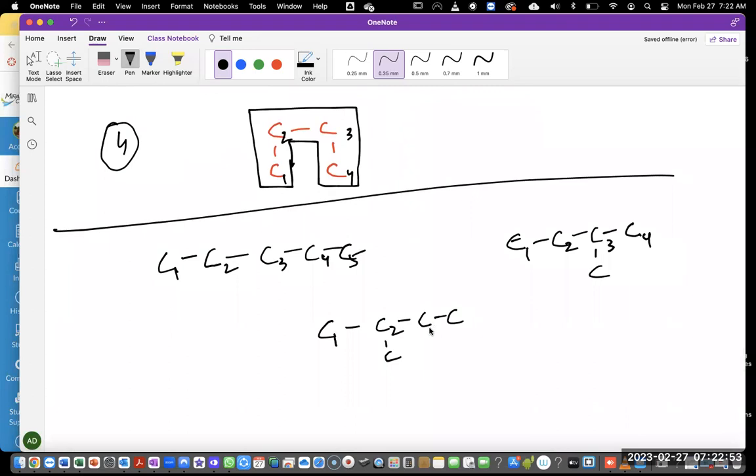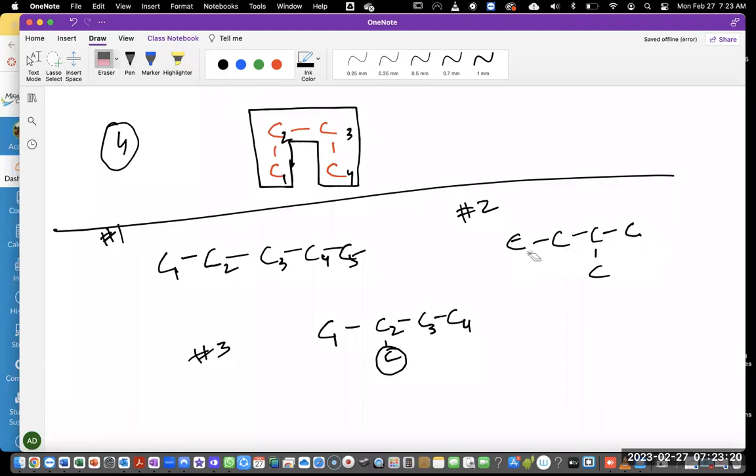Here also I have 4 carbons in the straight chain, but are molecule number 2 and molecule number 3 any different? Think about this, guys. Where is this substituent sitting? It is sitting on carbon number 2. Here, where is the substituent sitting? Guys, when I'm counting this, it's okay. But if I have to number this chain, the numbering is incorrect.